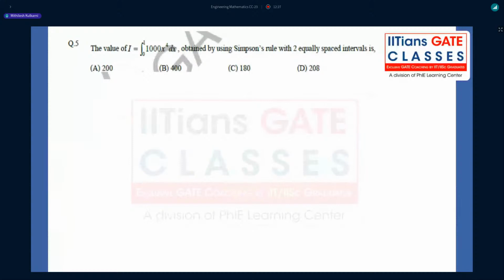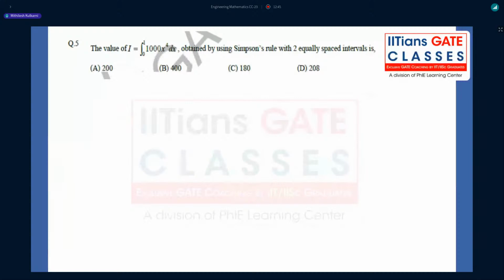Whenever just Simpson's rule is mentioned, you have to assume it as Simpson's 1/3 rule. If 3/8 is specifically mentioned, then you can use the 3/8 rule. But if nothing is mentioned, assume Simpson's 1/3 rule.